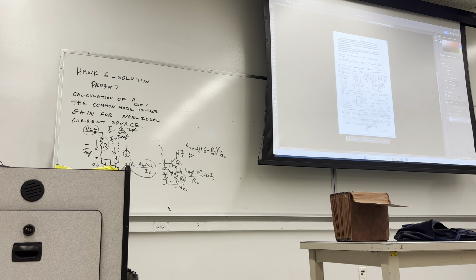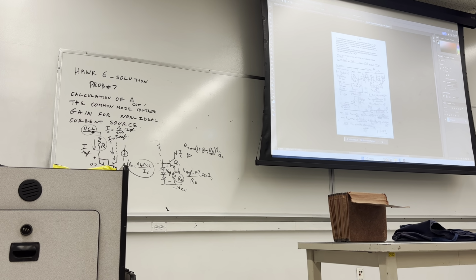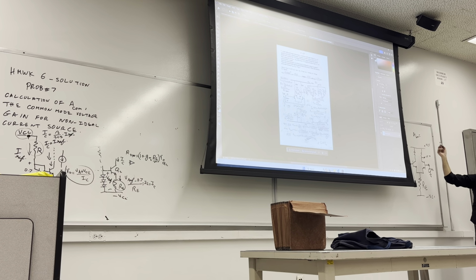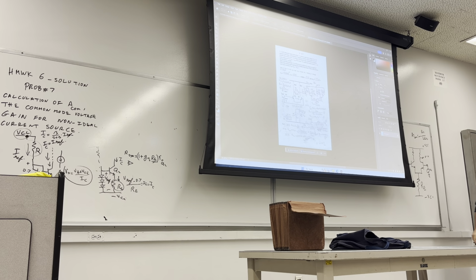If you had it biased with a simple resistor RE, minus VCC, plus VCC, if I asked you what is the ACOM, this would be the answer. You need to bring a formula sheet. This is not the big formula. Finished. That's your common mode voltage gain.